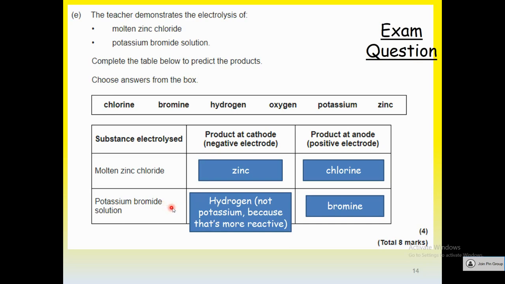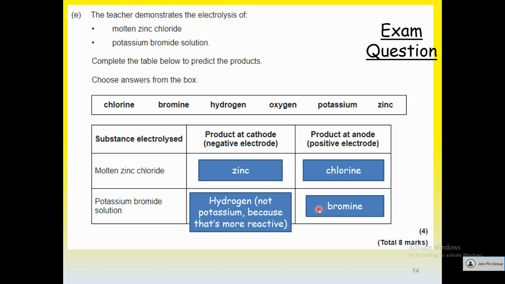In the potassium bromide solution, we don't get potassium produced at the cathode, we get hydrogen formed from the H+. Hydrogen is much less reactive than potassium. So remember, the least reactive element is what is generated. Over at the anode, we have two possibilities, oxygen or bromine.